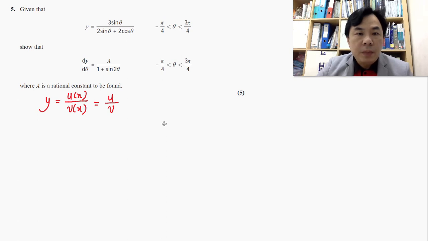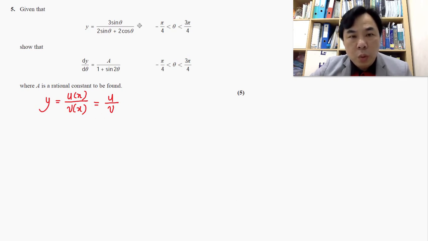So we can see that the form given here is very similar to the quotient rule form, u over v. That gives us the idea that we can apply the quotient rule here.